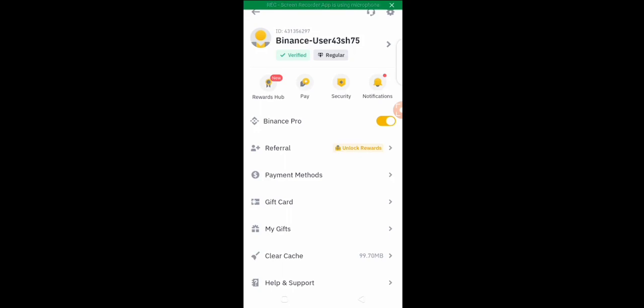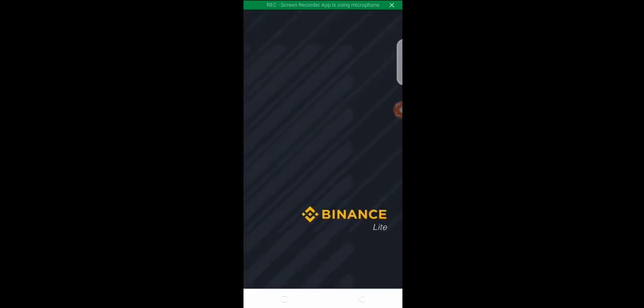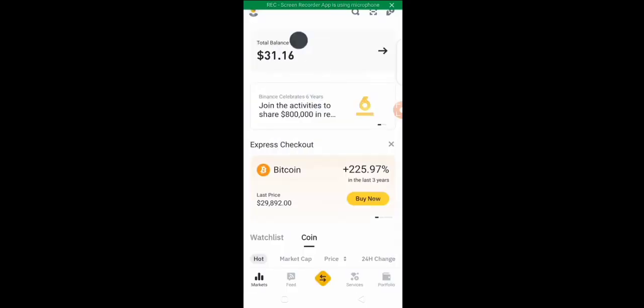So you just need to change from Binance Pro to Binance Lite. That is where we are going to buy the USDT from the local currencies.